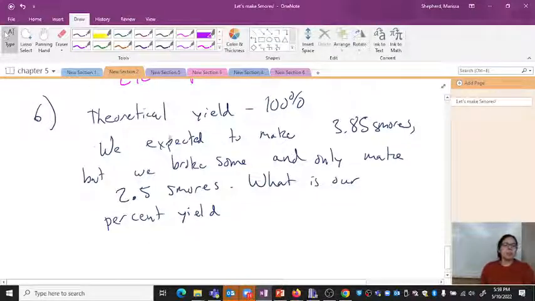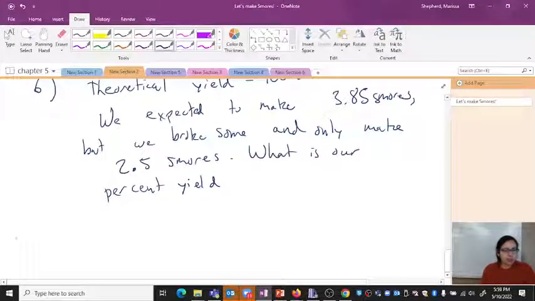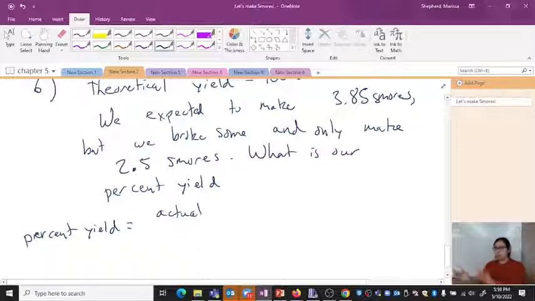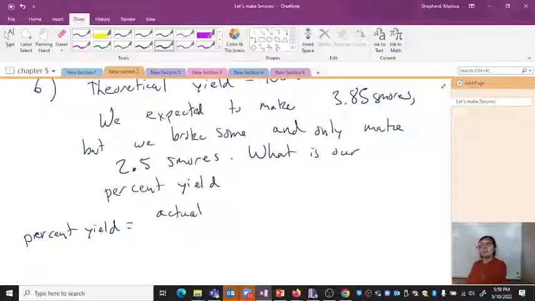We'll do this one together, since we haven't talked about percent yield. All percent yield tells us is what percentage we got back of what we expect. So the formula for that is just actual. Basically, you do your reaction, you filter it, you do all your manipulations, and you weigh it out. So how much of that beautiful product did you weigh out?